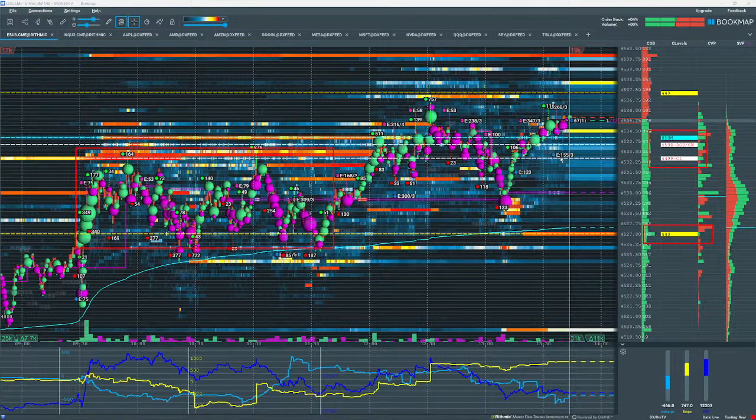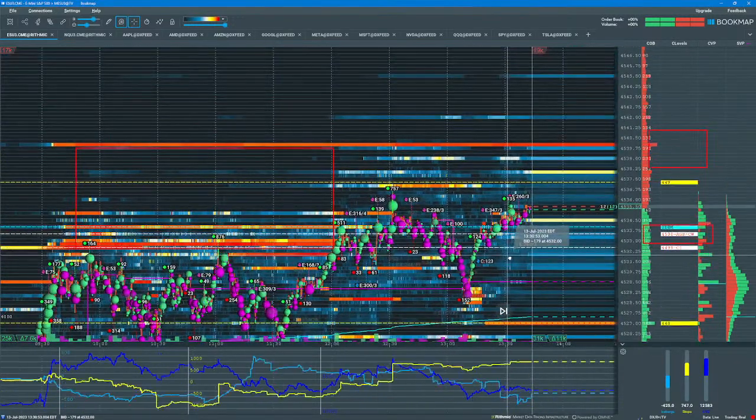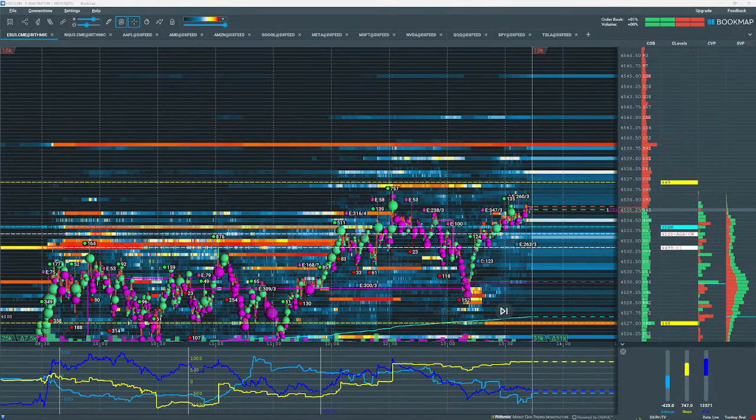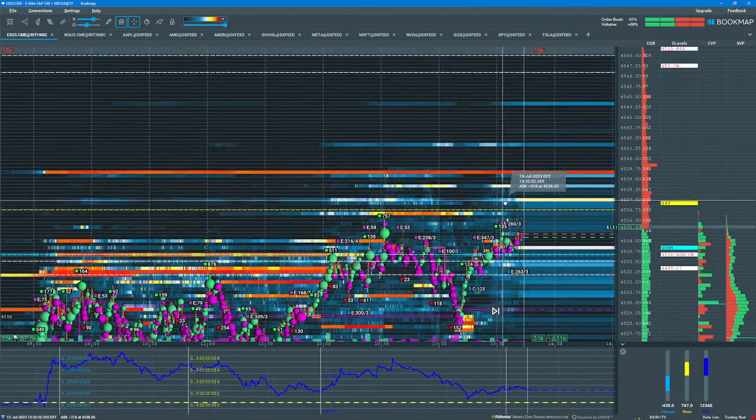So the SPX call wall is the first kind of upper end of the range. If you look at, let me just, we'll scroll up on the chart just a little bit, clean this up, scroll up a little bit more.